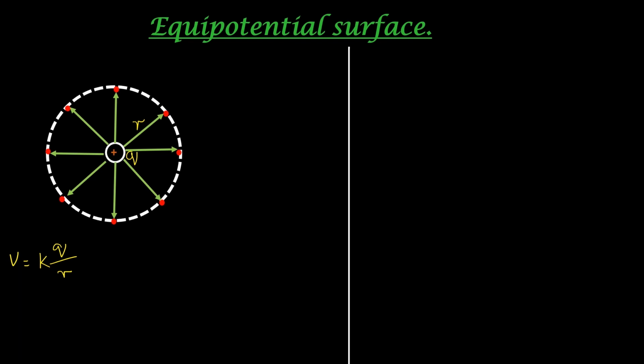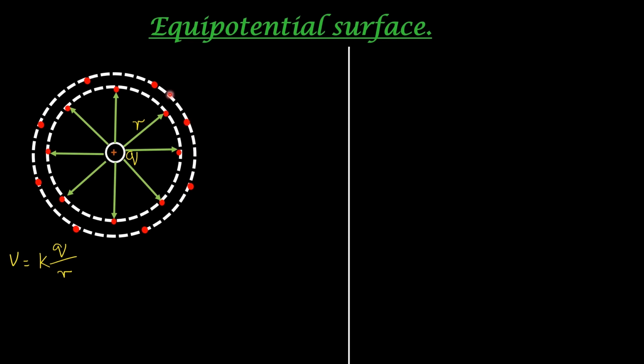The condition for any surface to be an equipotential surface is that all points on the surface should be at equal distance from the charge. We may consider any number of such surfaces outer to this given surface or inner to this. We will consider one more surface which is outer to the surface which I have shown here.